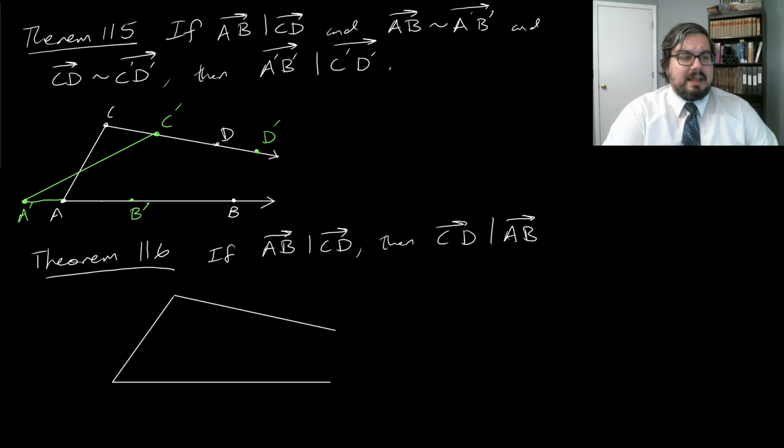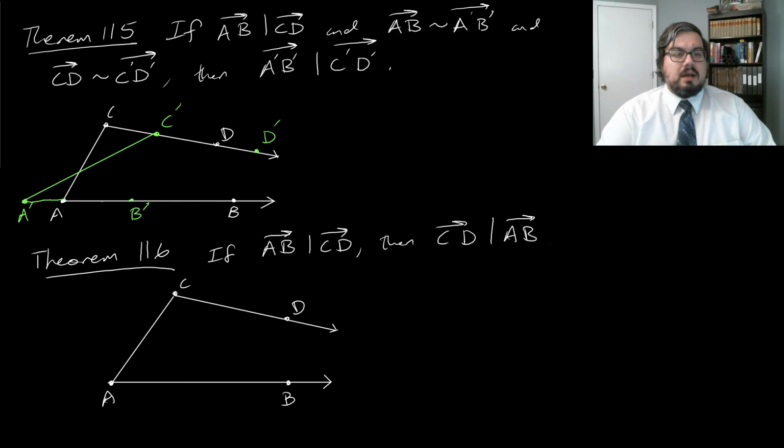If we recall and remember what exactly it means to be critically parallel, which we need to make sure to do, it means that if I take any interior ray of the angle ACD, then that will intersect the ray AB.